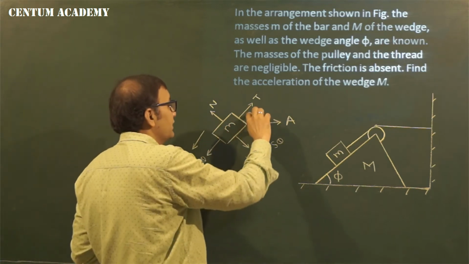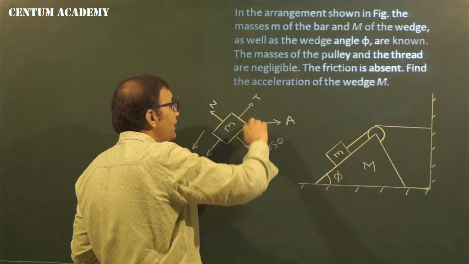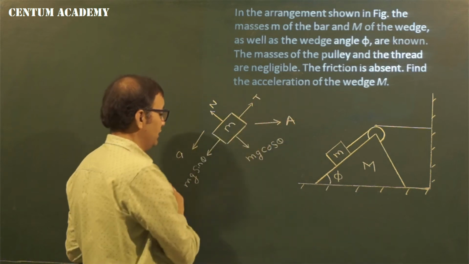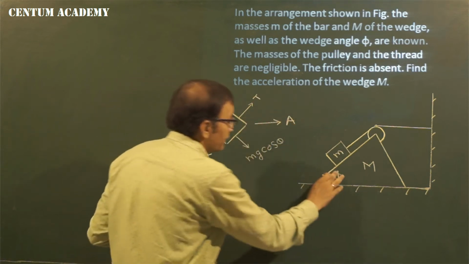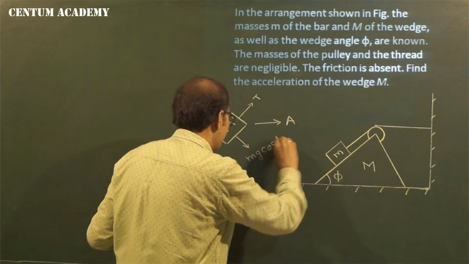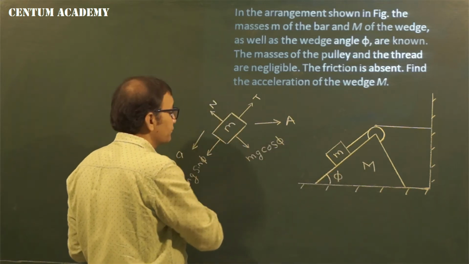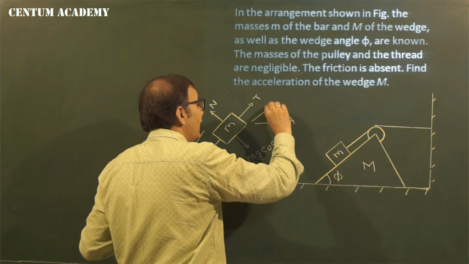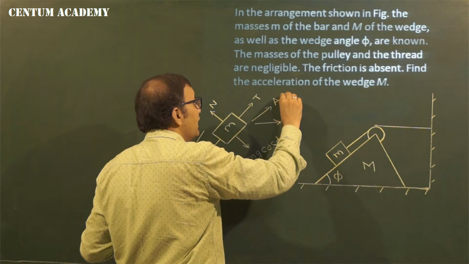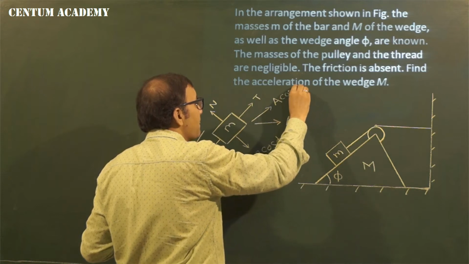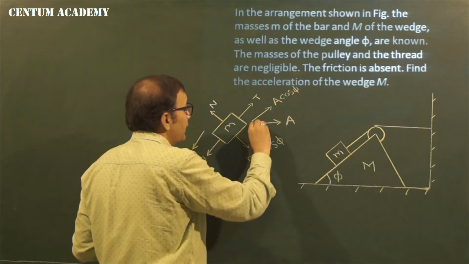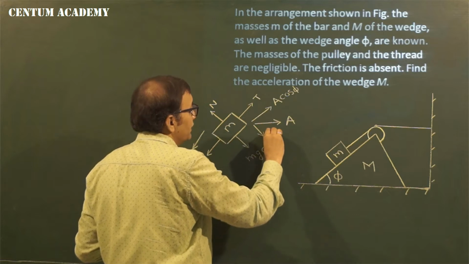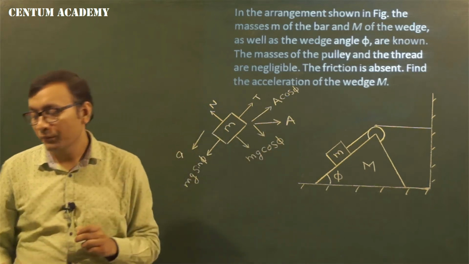And since the angle with the incline for capital A is, let me call this phi, because in the question it was phi, the angle is phi, right? So a component of acceleration along the incline is A cos phi, and along this direction it is A sin phi, right?